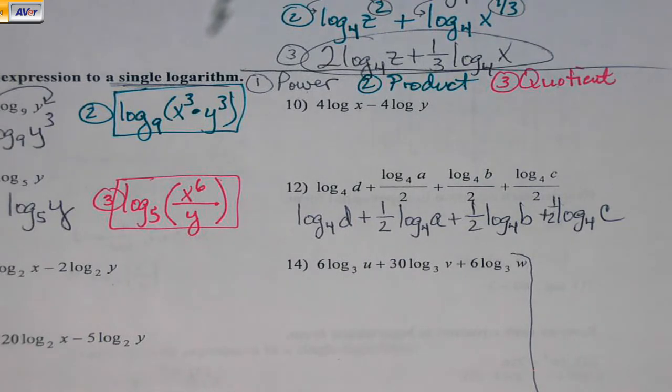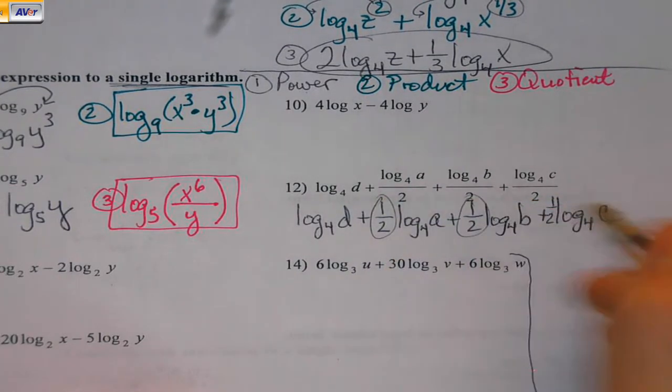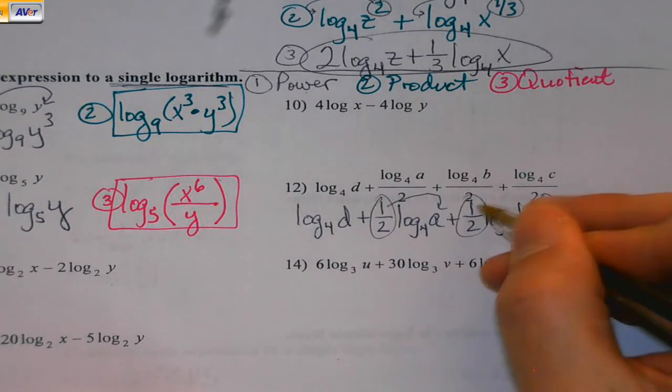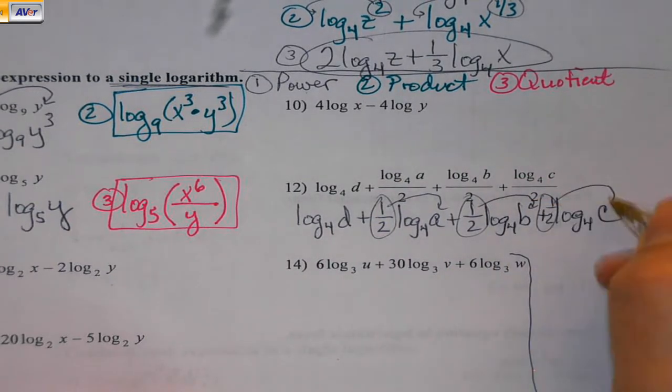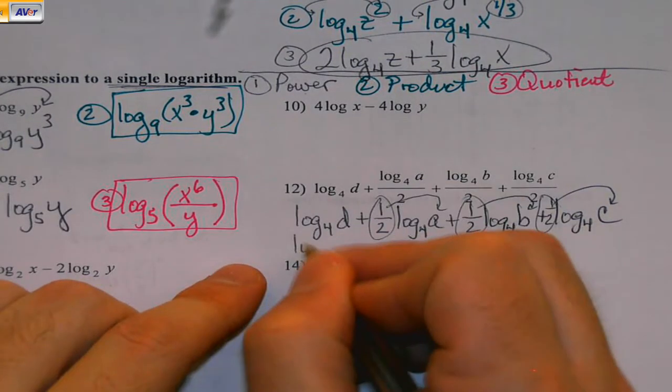Because by doing this, it's going to allow me to take all of these coefficients and turn them all back into exponents. My first one's not going to change at all.